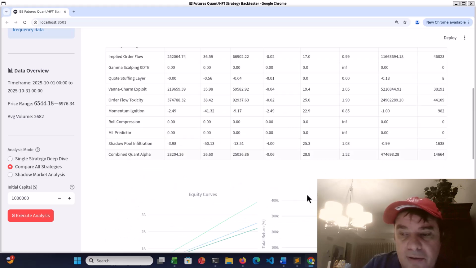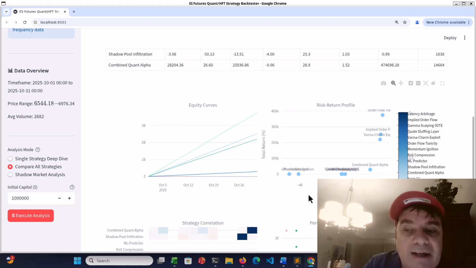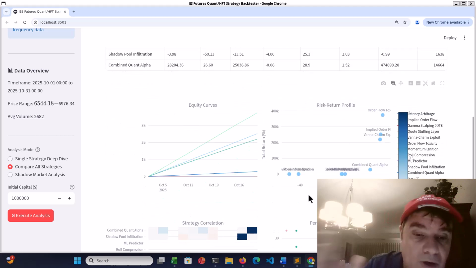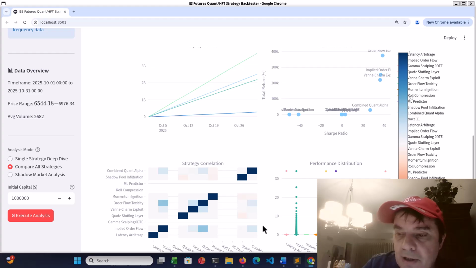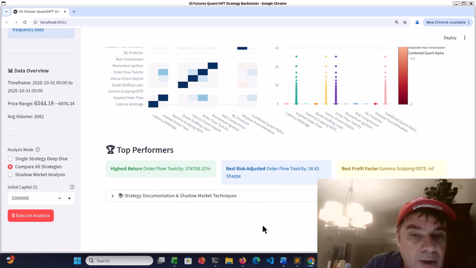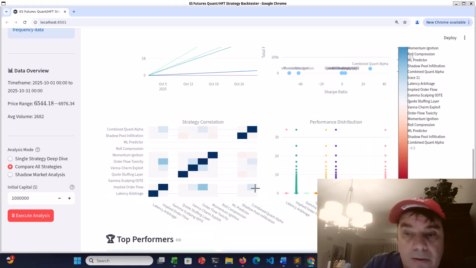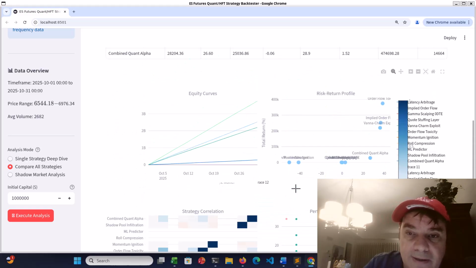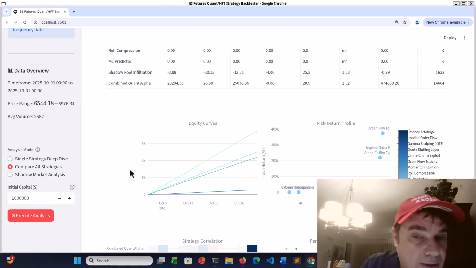So here's all the different strategies. I'm not going to go into those. As I said before, if you're interested, just watch that video. You can see here all the different metrics that come with it. The correlation among all the strategies. And there's a lot here. I'm not going to go into the details of it. And this is not including the shadow market analysis as well.